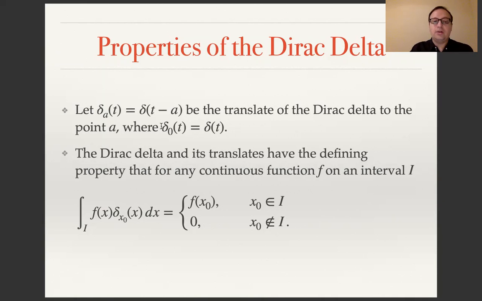So in particular, delta_0 is the original Dirac delta. So they correspond to a point with infinite density and, of course, 0 width.